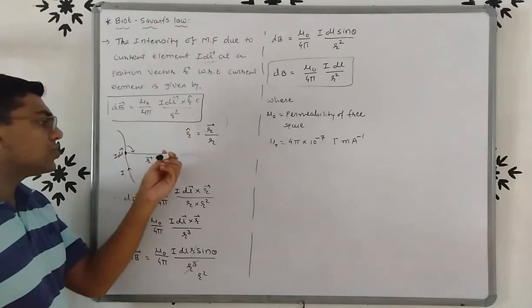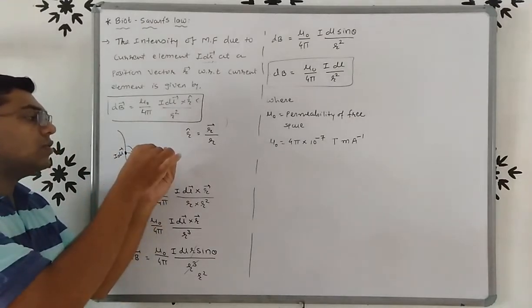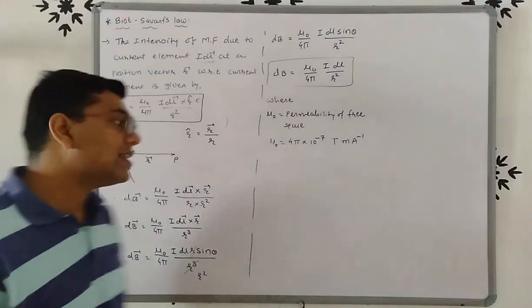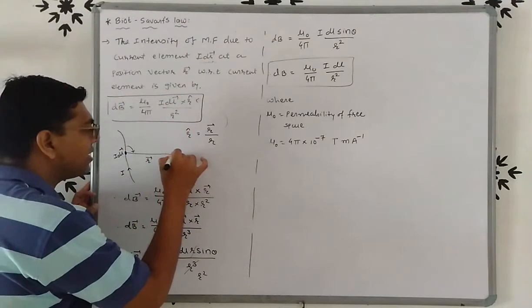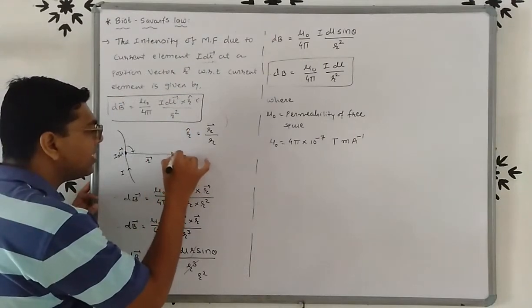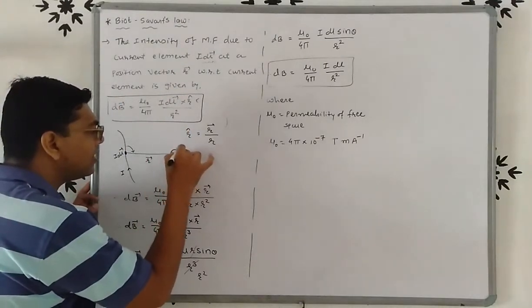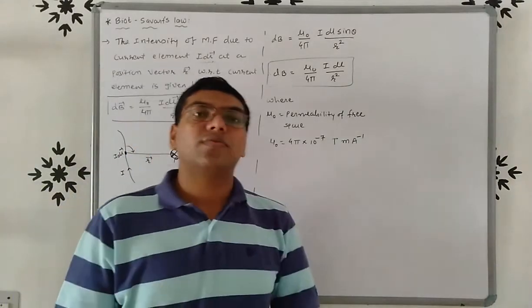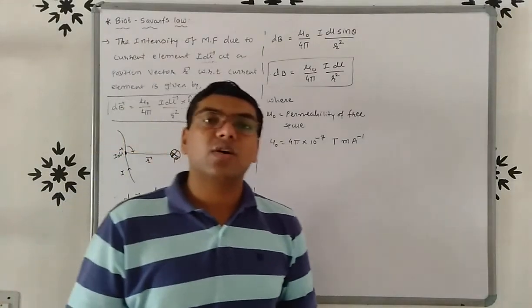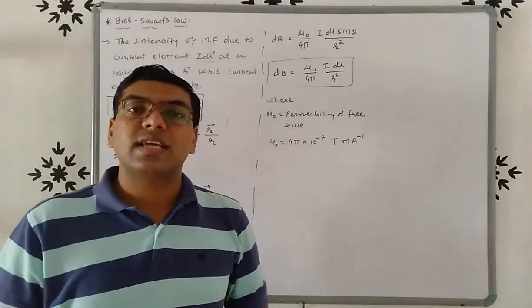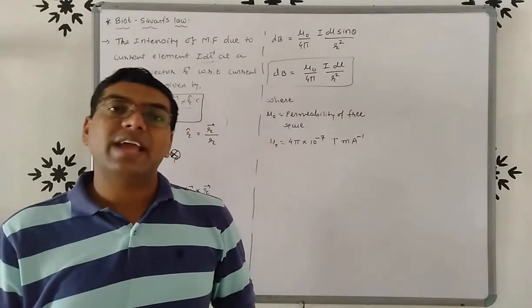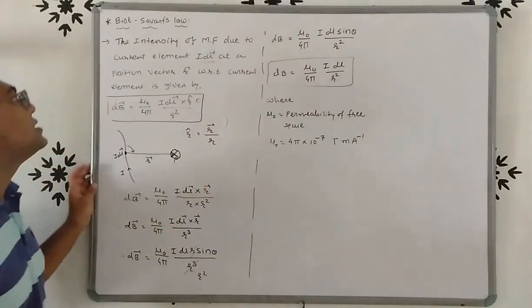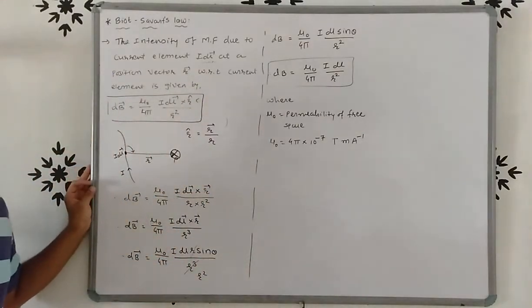If you put the screw here and move it to the right hand side, then the screw moves in the inward direction. So the direction of magnetic field is inward. You have to denote the direction of magnetic field by a cross if the direction is inward, and by a dot if outward. Right? So this is the important question.